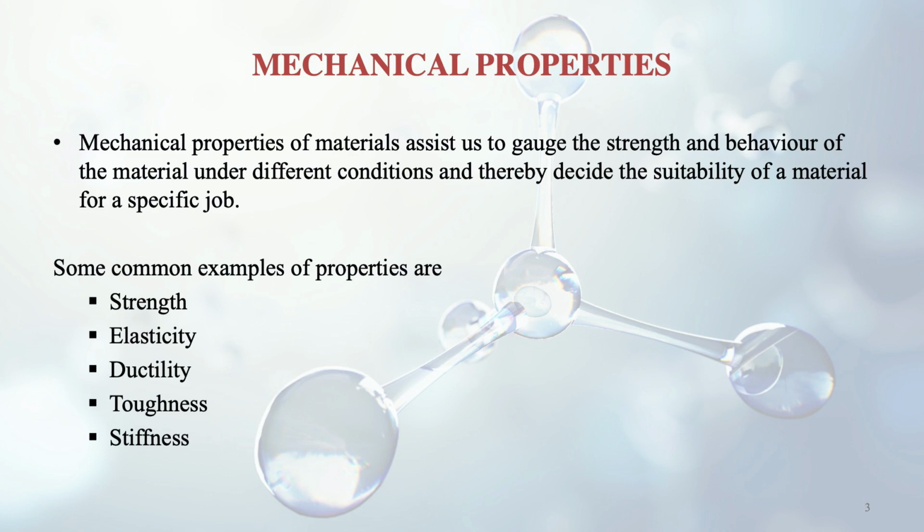When we talk of mechanical properties, it comprises different things, like some examples given here: strength, elasticity, ductility, toughness, stiffness. All these things you will be able to know, and you will be able to gauge the strength and the behavior of the material under different conditions, and thereby decide the suitability of a material for a specific job.